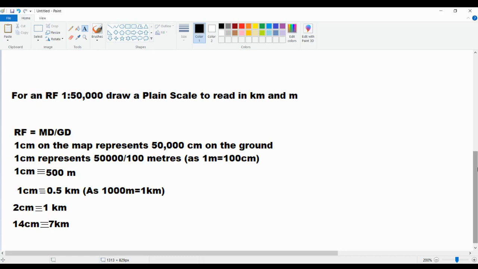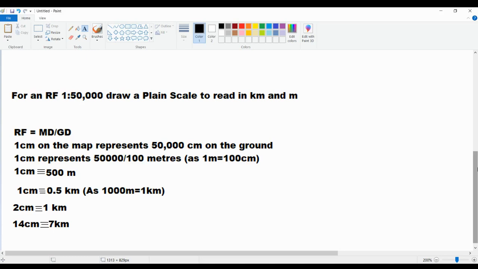But if we draw a scale of just 2 centimeters, it will be a very small scale. Whenever we are constructing a graphic scale, we must keep in mind that the length of the scale should at least be between 4 to 6 inches. So 2 centimeters is a very small figure, so we are taking 14 centimeters. Now 14 centimeters means roughly the length of your 6-inch ruler.